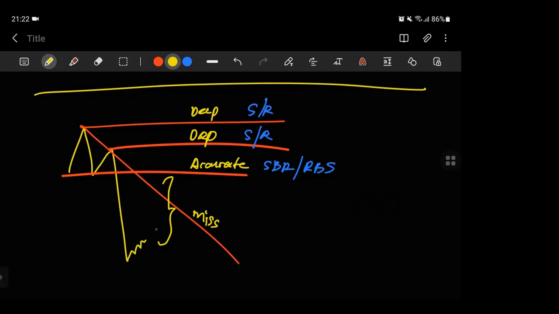So it will react with the miss first. The market can't just suddenly come over here and then go. No, it has to pass this first. So that's why we are looking at the most recent level that is available.